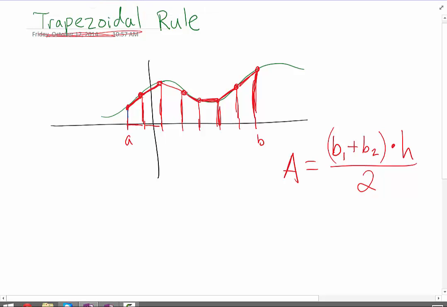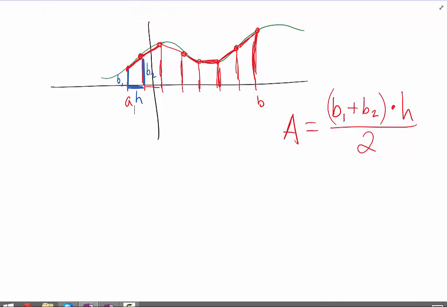This would be base 1, this would be base 2, and down here that would be the height. So what we've been calling the width in our class, which was (b minus a) over n, that's the height in that formula. We'll keep calling it the width, but that's the height.